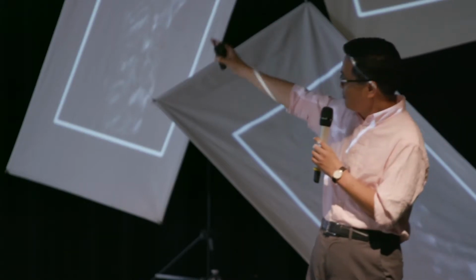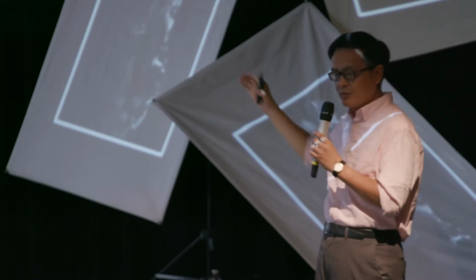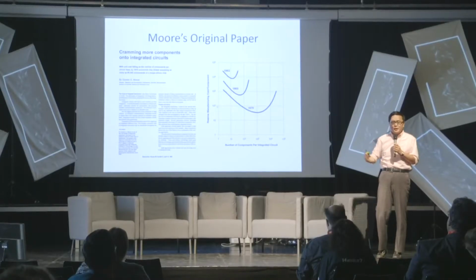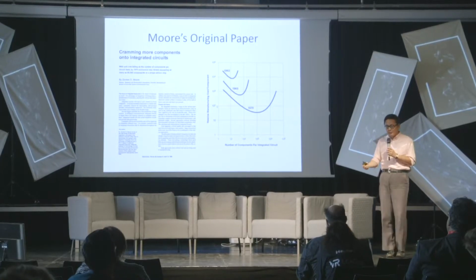There is a point at which, at that number of transistors on a chip, you're going to make the most money. And that number, that bottom of each of the curves, observes a power law, and that's Moore's law. So the reason you have a doubling of the number of transistors on this chip is because you decide to put that number because it's most profitable.